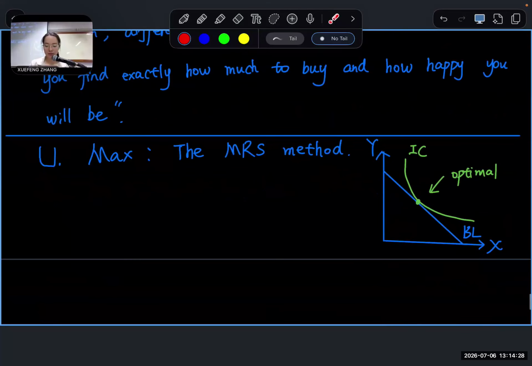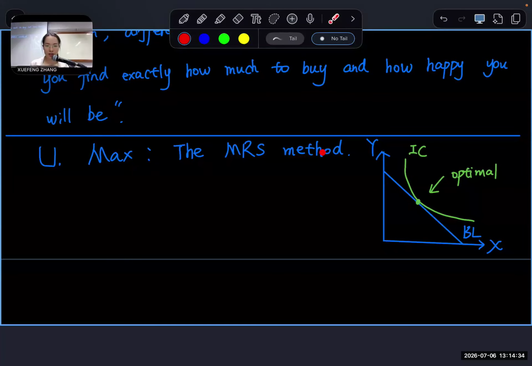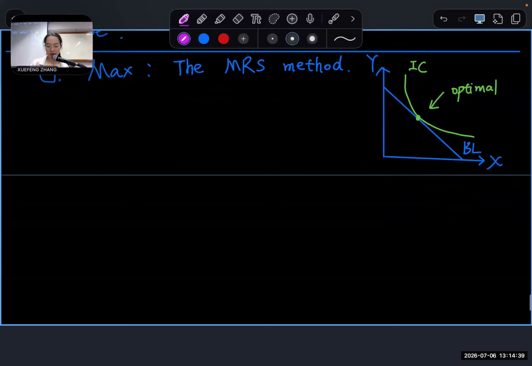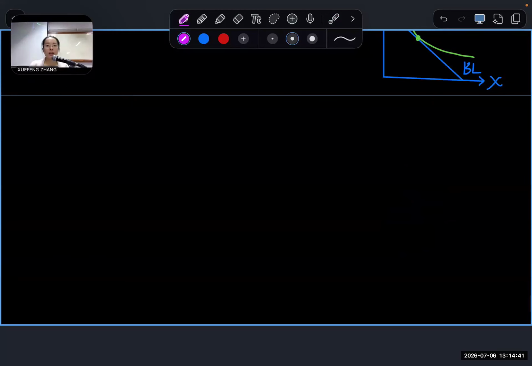Next one. How are we going to do the utility maximization? By using the MRS method. Actually, there are two roads to the same destination. Lagrangian is the machine method. It always works, even for complicated problems.